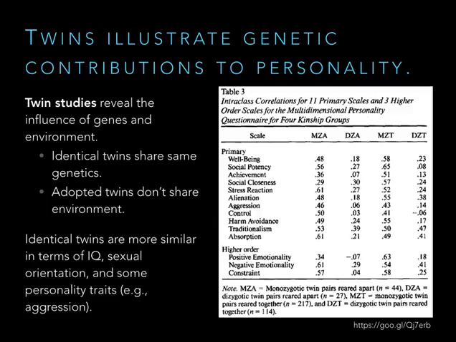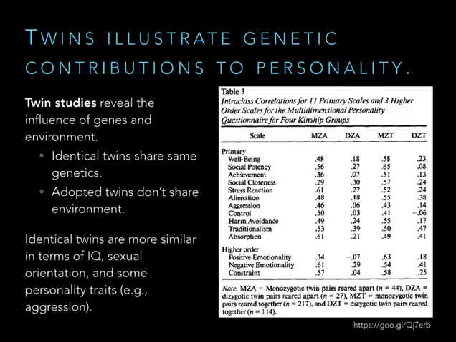Now, what they've also done in this study is look at twins that are raised apart and twins that are raised together. So MZA, monozygotic twins, identical on the genetic level, but the A means they're raised apart. So genetically the same, their environments are different. DZA, genetically they're different and their environments are different because they're raised apart.